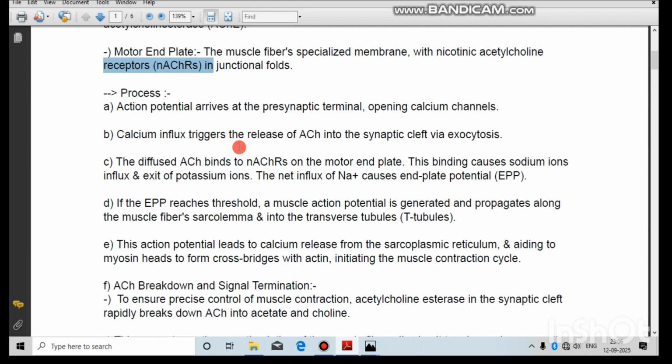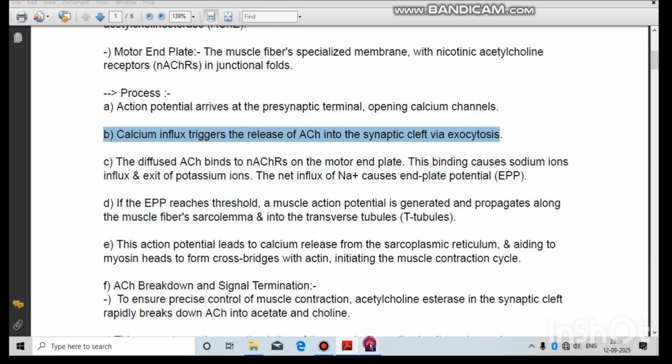Next, we will discuss how the NMJ actually works, how the message is transferred. In the process, the first point is that the action potential arrives at the presynaptic terminal, opening calcium channels. Whenever the calcium channels open, calcium will start entering the presynaptic terminal.